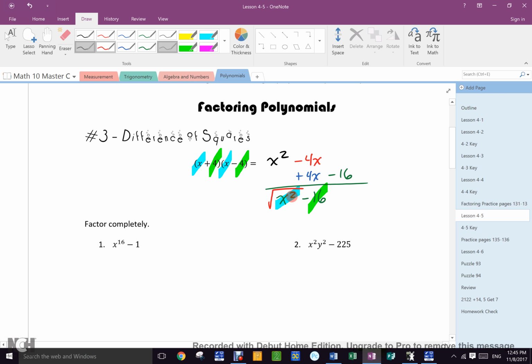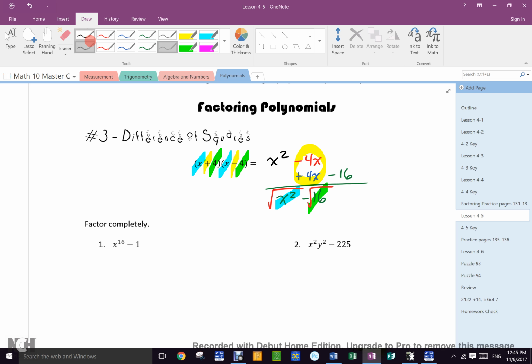If I take the square root of that, I get x and x. If I take the square root of that, I get 4 and 4. And if I give them different signs, the middle is going to drop out, yes? Right? So if it happens once in math, how often does it happen?